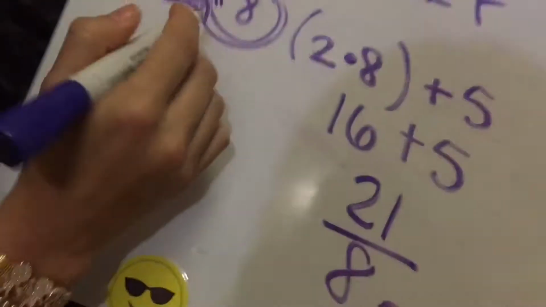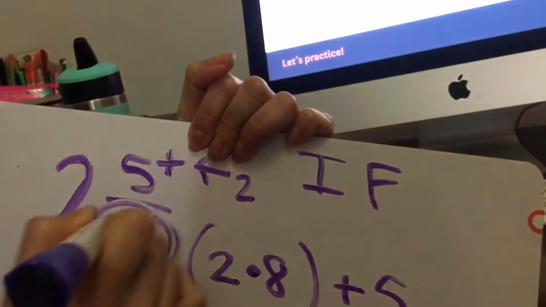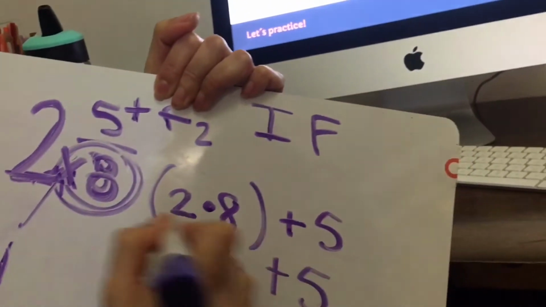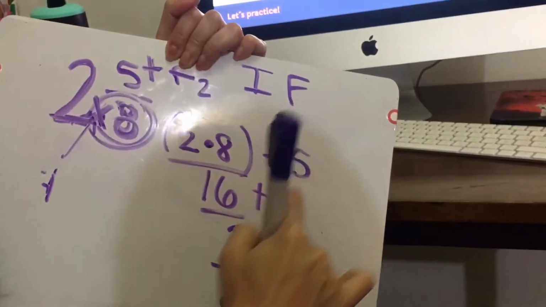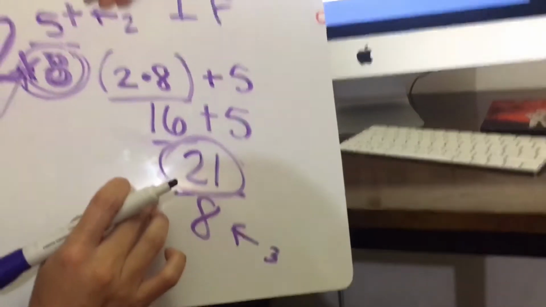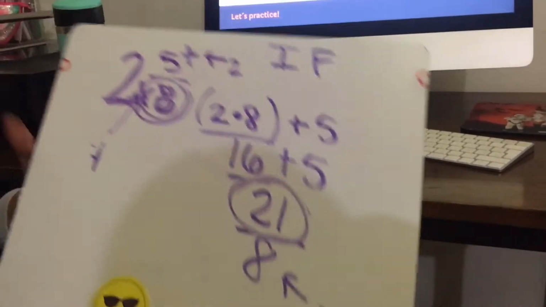Step 1, I multiply: 2 times 8, whole number times denominator, is 16. Step 2, I add the numerator. Plus 5 is 21. I have my numerator, and then step 3, the denominator stays the same. Excellent, guys.